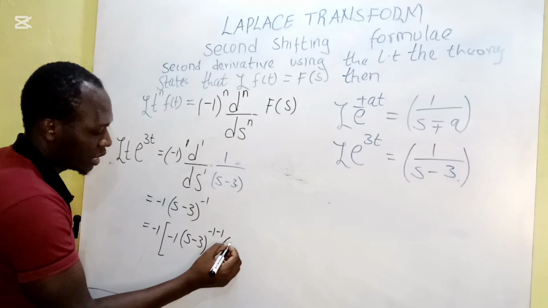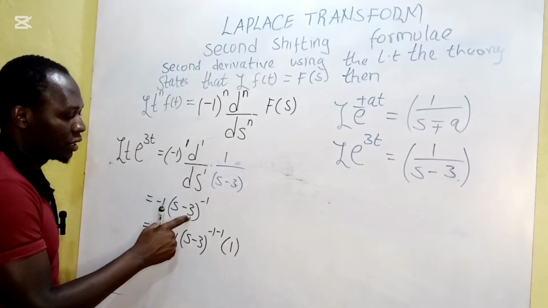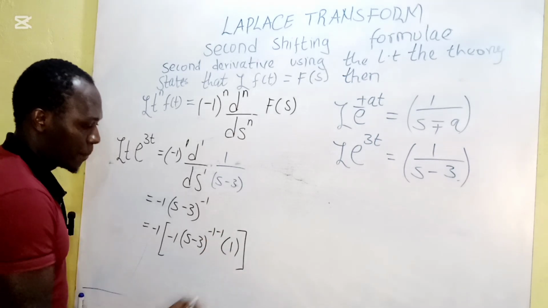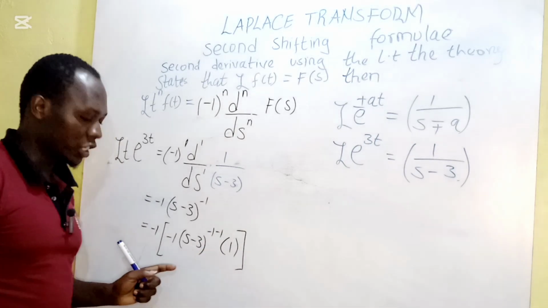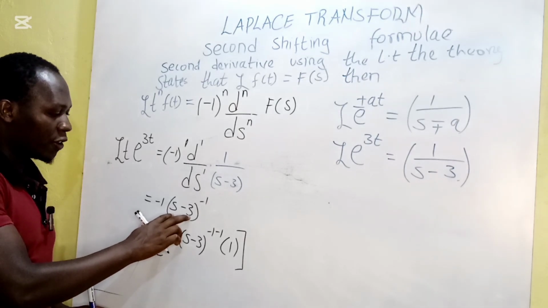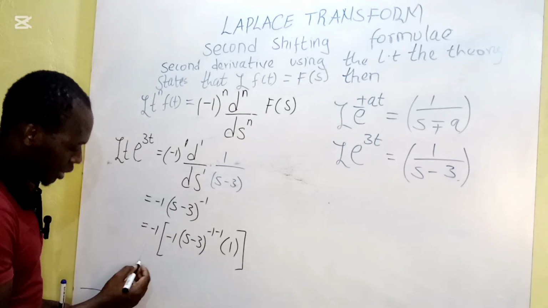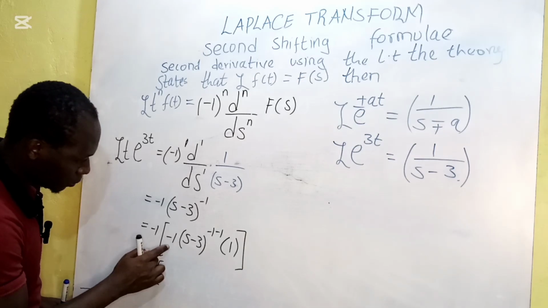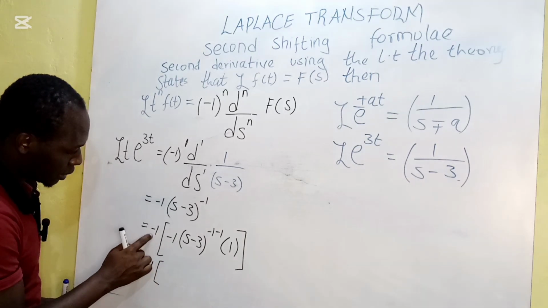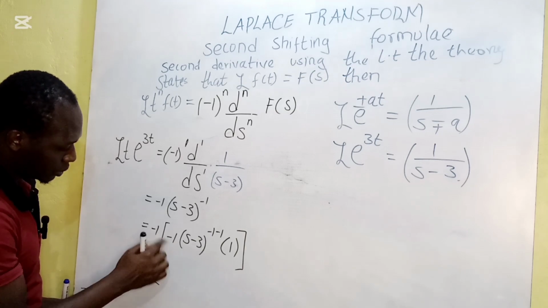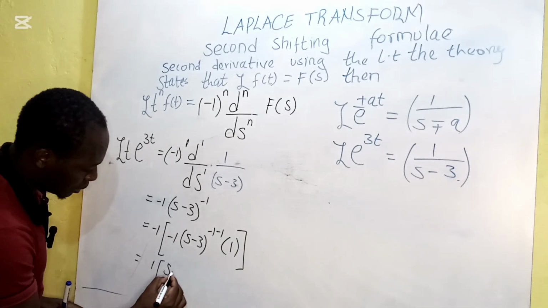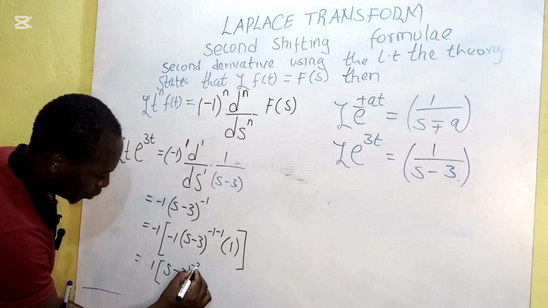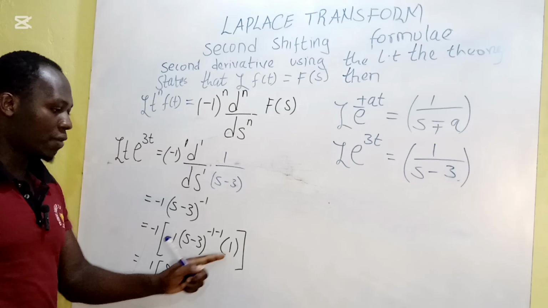When we differentiate s, we are going to have 1. When we differentiate -3, we are going to have 0. And this is how we use the chain rule in finding the differential of this function. Here we are going to have -1, and the negative multiplied by the negative is going to be a positive of 1 over s minus 3, everything to a power of 2, times 1.